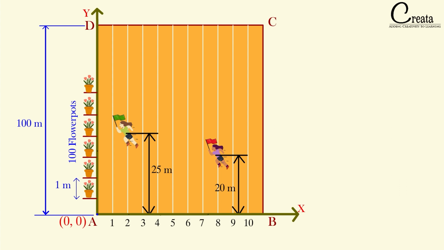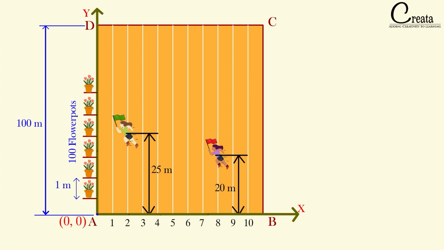Niharika is running at the coordinate 2 and Preet is running at the coordinate 8. Further, AD is the y-axis, which is divided into 100 units. So all these 100 units are the y coordinates, like 1, 2, 3, 4 up to the 100th coordinate.